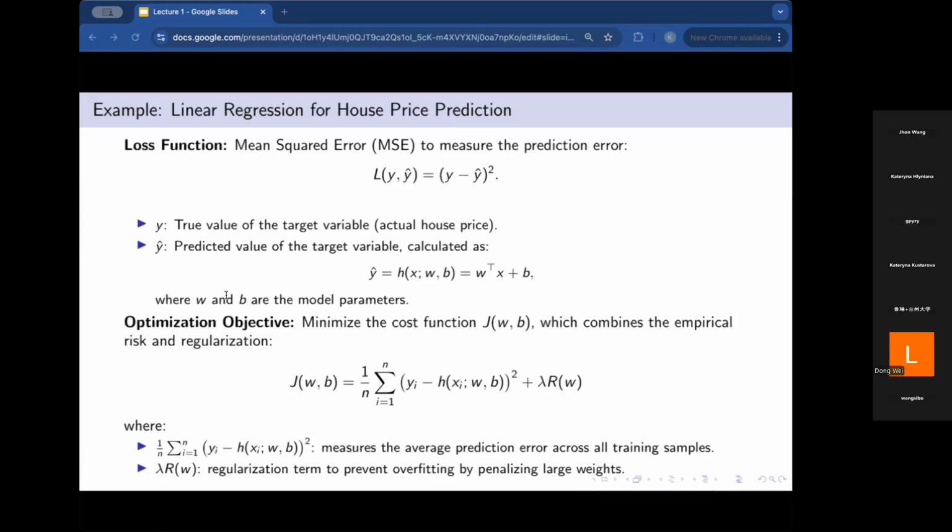To consider this example, we need to introduce the concept of a loss function. A detailed discussion will be in the second lecture, but for now, it's enough to understand that a loss function is a specific function that shows us how far apart two values are.